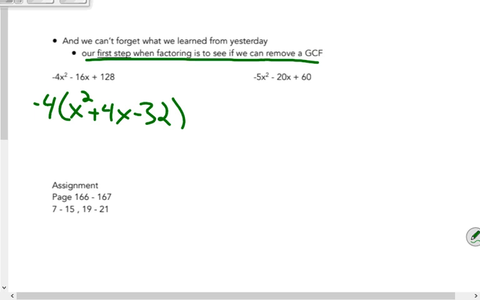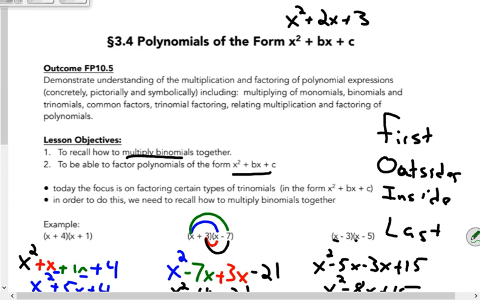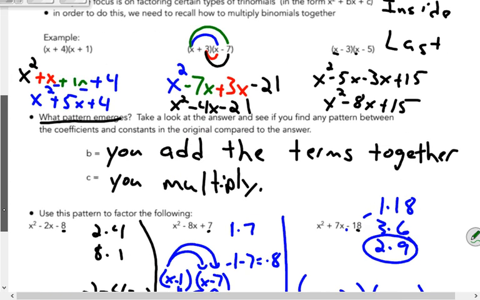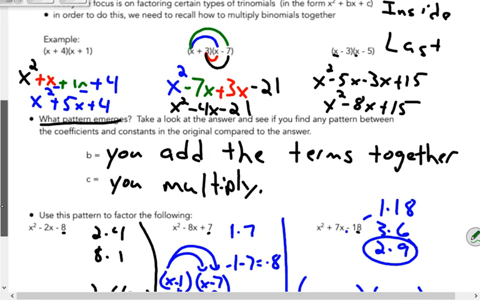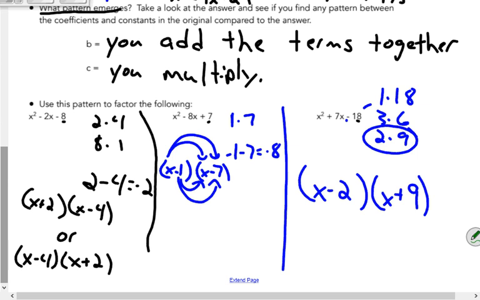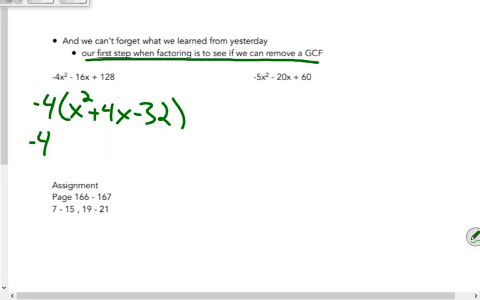So factors of 32 that give me 4. Well, now you've got to break it down, like how we did these ones. Put it into two brackets, like this. x squared is x times x, right?